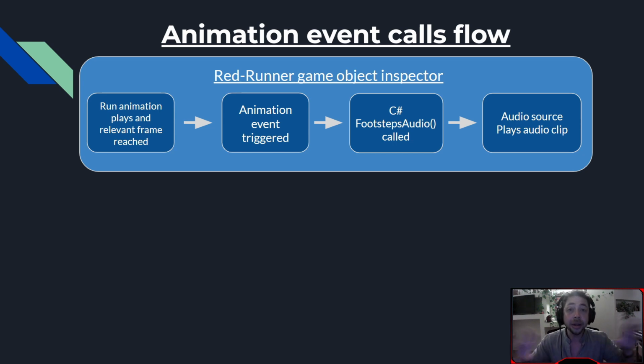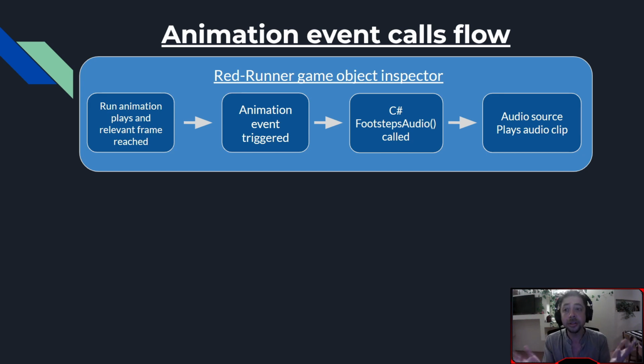Again, I can do it from many different places, but I think the most efficient and accurate way is having just one sound for a footstep each time a foot of the Red Runner touches the ground. I want one sound effect, and I want to minimize as much as possible the bugs that can occur throughout this kind of process.